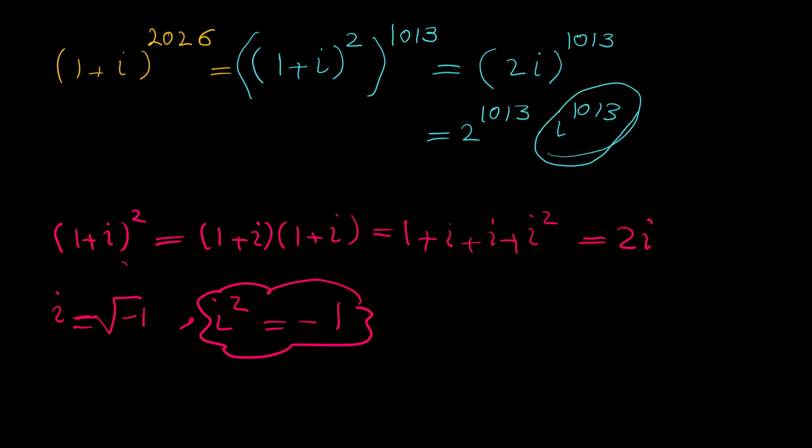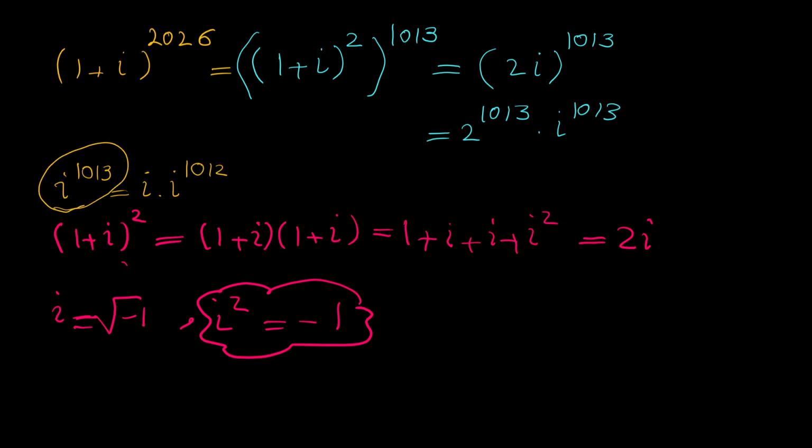Now we have to simplify this. i to the power of 1013 can be written as i, we separate one i, times i to the 1012. The reason that we write this in this form is that we want to have the imaginary number i with an even power.